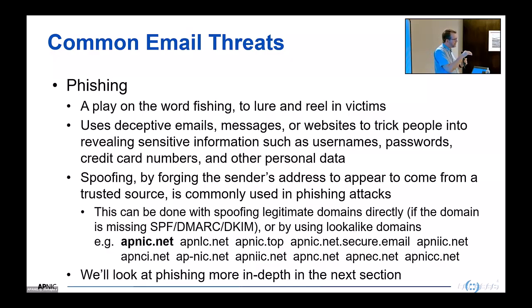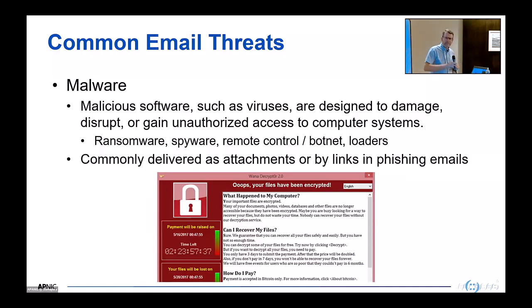And they'll do ways to try and include an email address in the name, but they're not actually forging the actual send address. Sometimes this is important because some of these phishing emails are requesting you to reply by email. So obviously you have to be able to have a legitimate from address to reply to from there. We'll look at phishing more in depth in the next session.